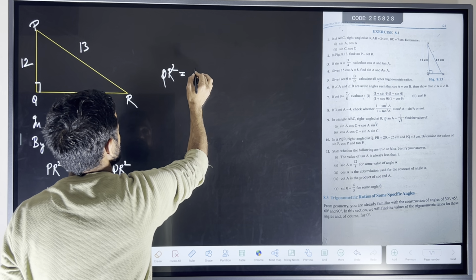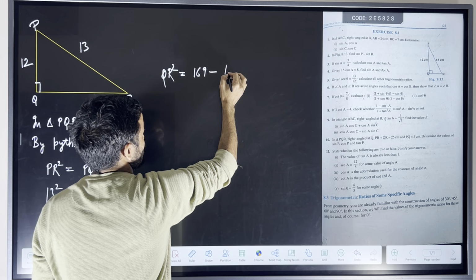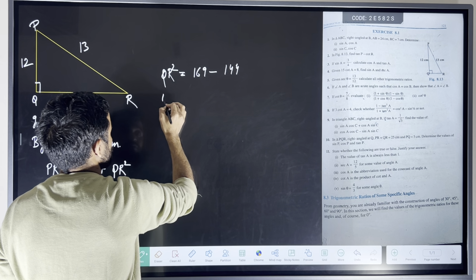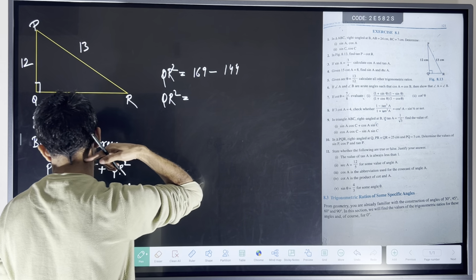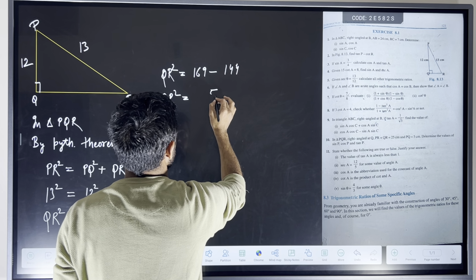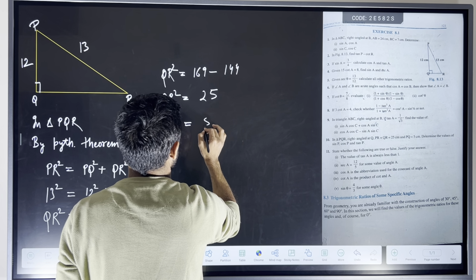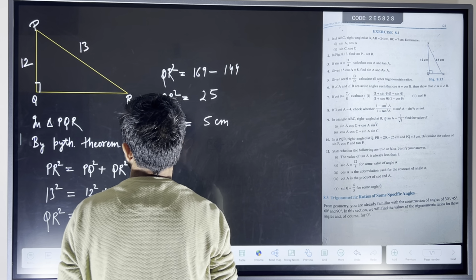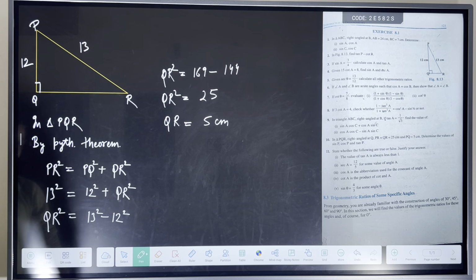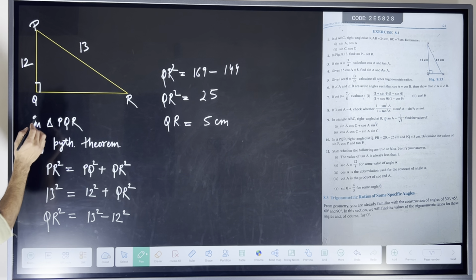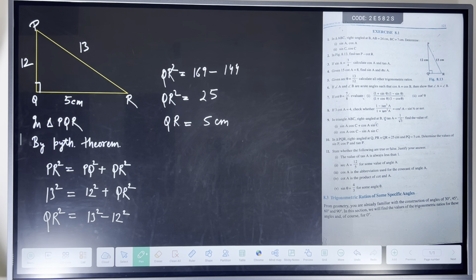QR square is equal to 169 minus 144, which is 25, and QR is equal to 5 centimeter. So now we have found QR that is equal to 5 centimeter.